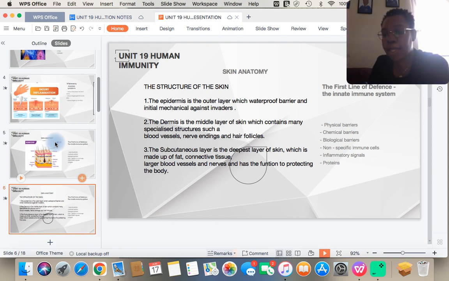The second layer is the middle of the skin, which contains many specialist structures, such as blood vessels, nerve endings, and hair follicles. The subcutaneous layer is the deepest layer of skin, which is made up of fat, connective tissue, larger blood vessels, and nerves, and has a function of protecting the body.